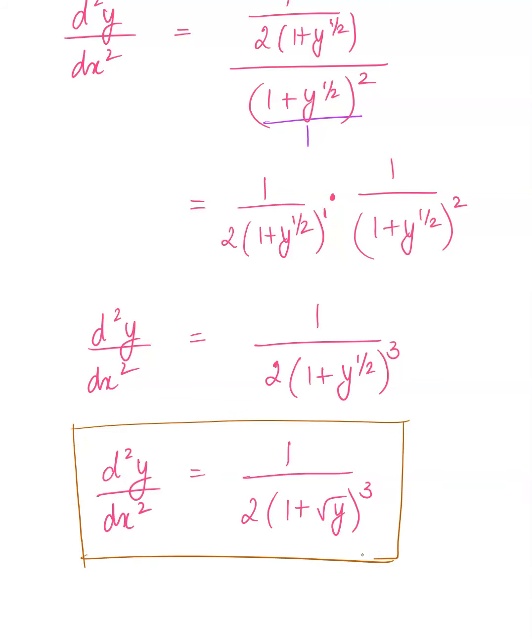And the other problem type you might see is to do the implicit differentiation and then find the equation of the tangent line, for a particular point.